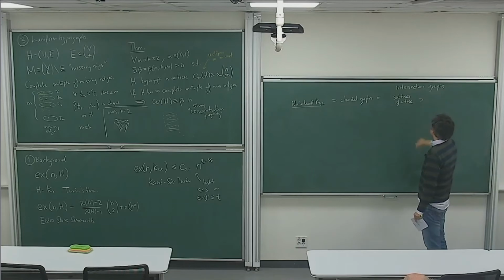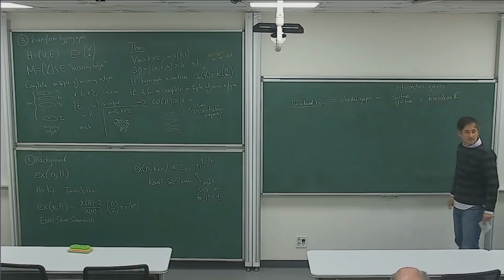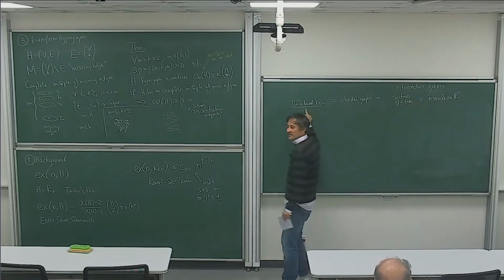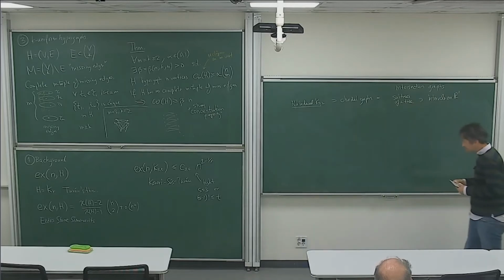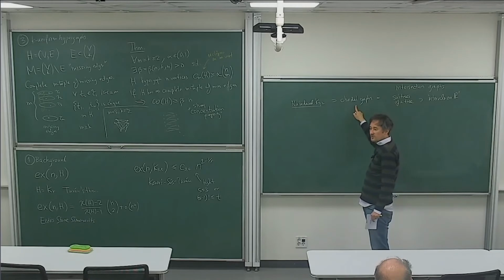A subset here are the intervals on a line, or paths. These are all examples of graphs that have no induced K22. And it's been known for a long time that these guys have a concentration property.